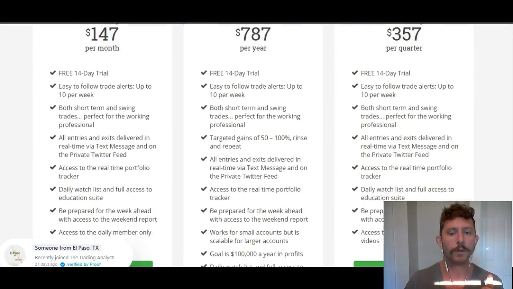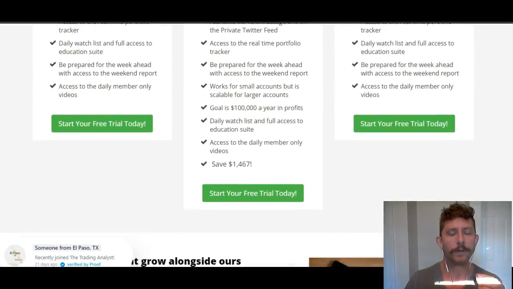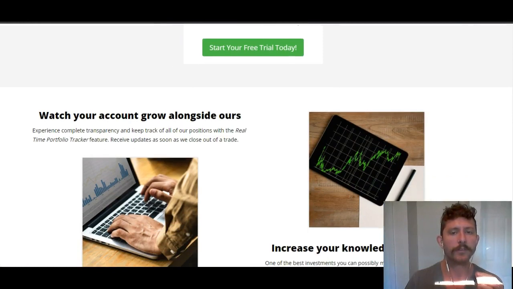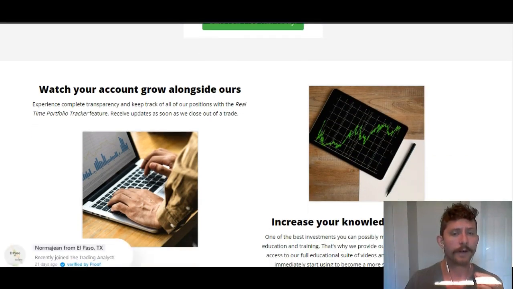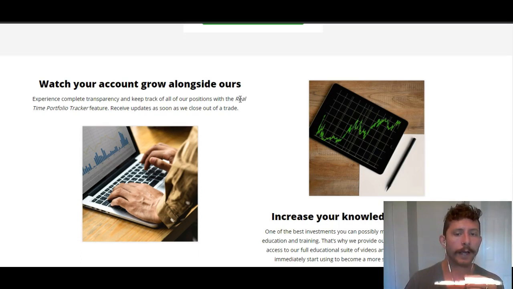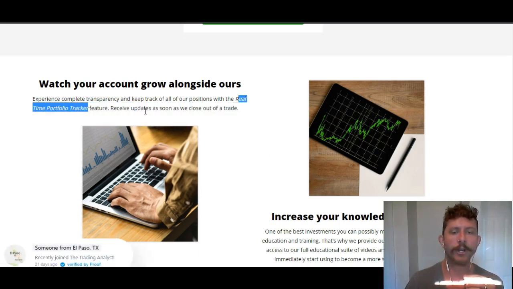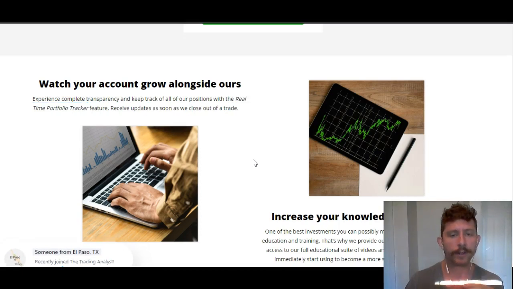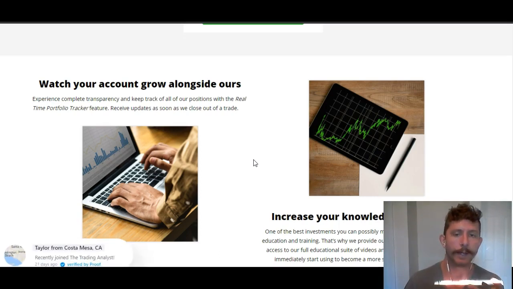The main thing that separates us from all the other services out there is our complete transparency. Every single trade that we take and alert to members is put into our real-time portfolio tracker, and you're going to get access to that when you sign up and join today. We've been doing this since July.